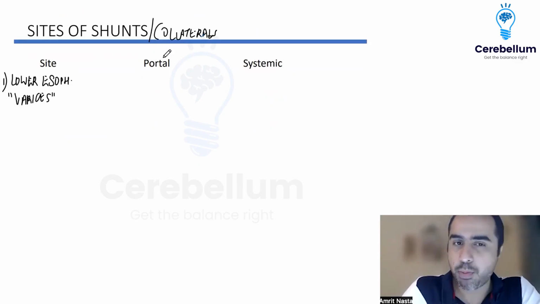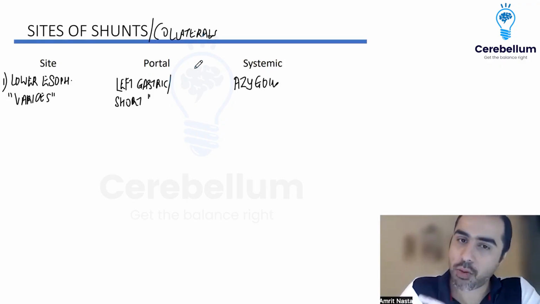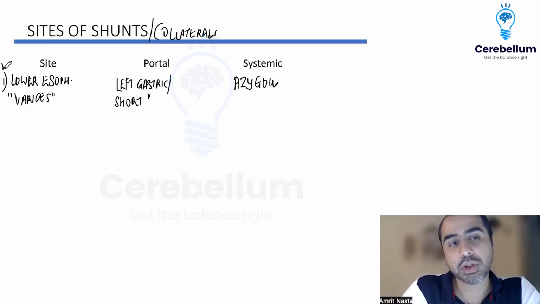They are coming from some branches of portal veins, like left gastric vein. This is one of the branches. Left gastric vein, short gastric vein. These are all branches of portal vein. They will go and join esophageal veins like azygous vein, giving you the varices. These are the ones which cause a problem.